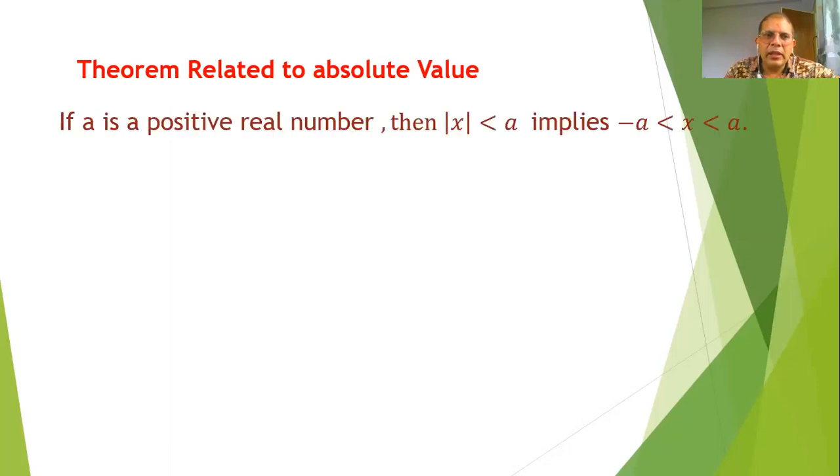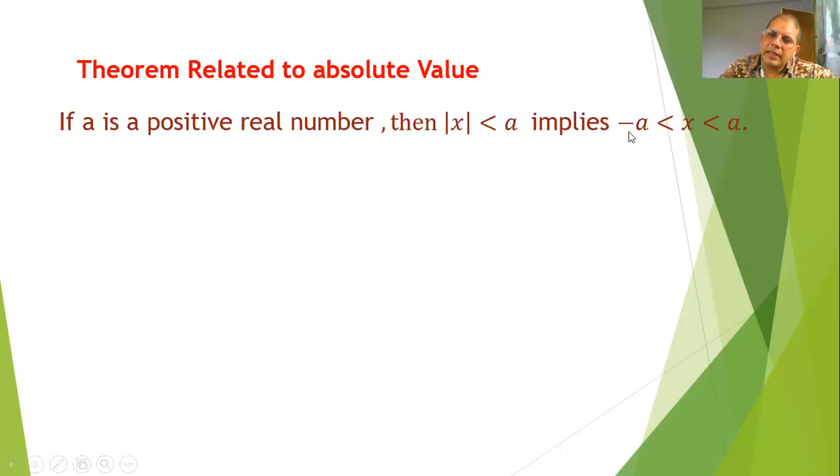For this one, if a is a positive real number, then absolute of x is less than a. It implies that x lies in between minus a and plus a. You can also write this in the opposite way.